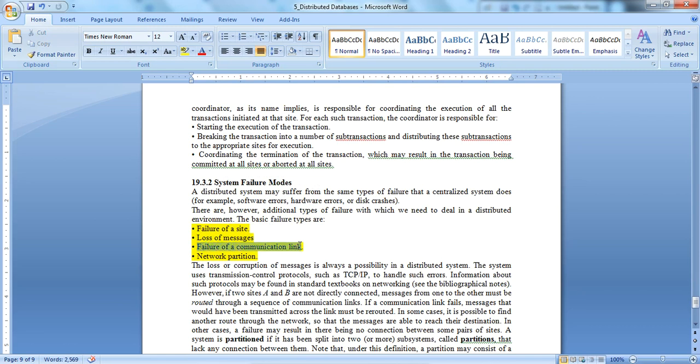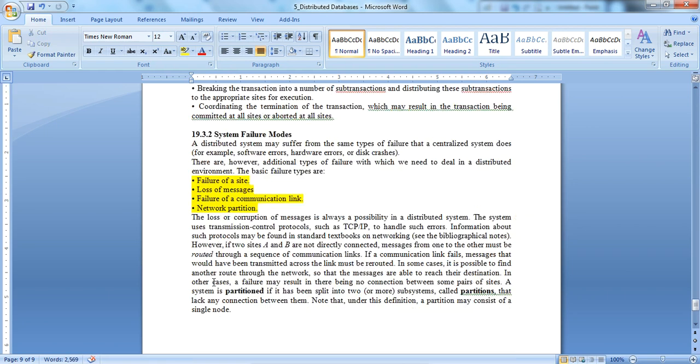Failure of communication links, then what will happen? Network partition, then because of the partition some error may occur, then what will be the solution? These are the system failure modes: failure of a particular site, loss of messages, failure of communication links and network partition.